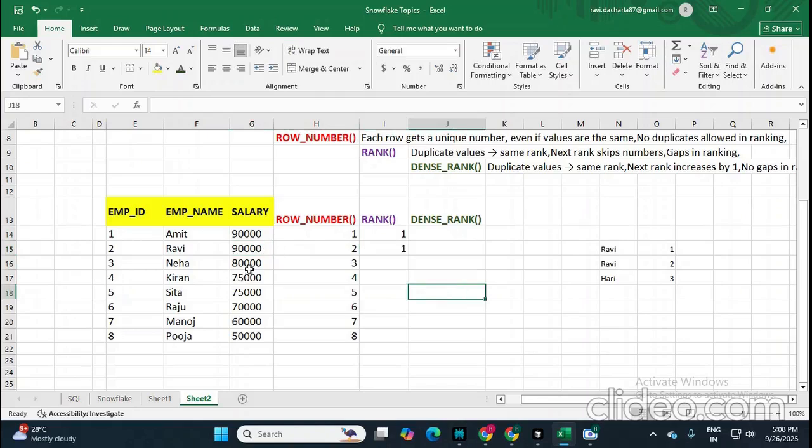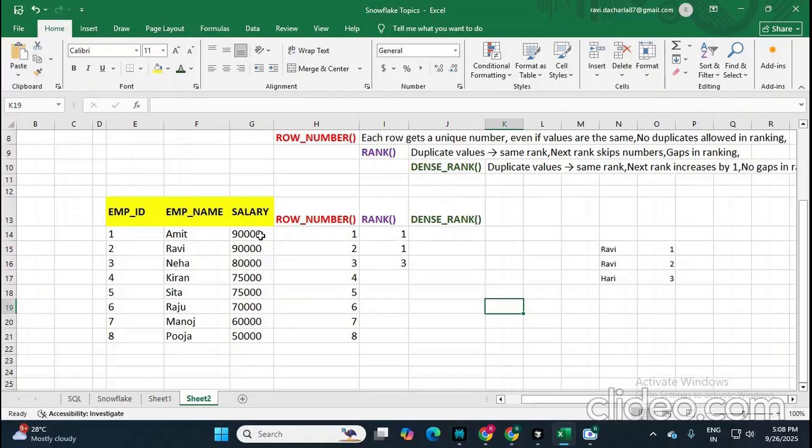Next we have 80,000, and here the next rank skips numbers. Amit with 90,000 is first, Ravi with 90,000 is also first, and Neha with 80,000 comes to third rank. It means it skips numbers.